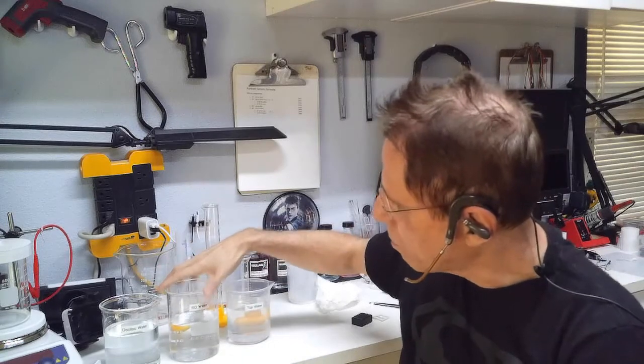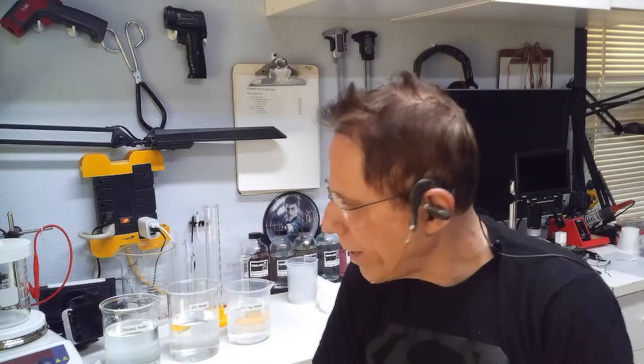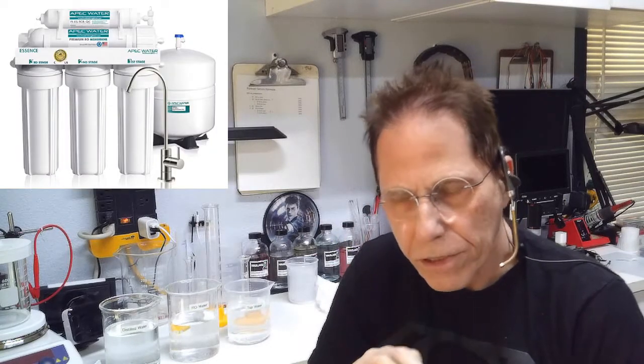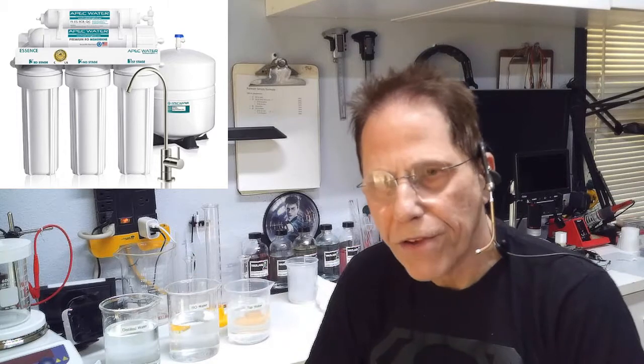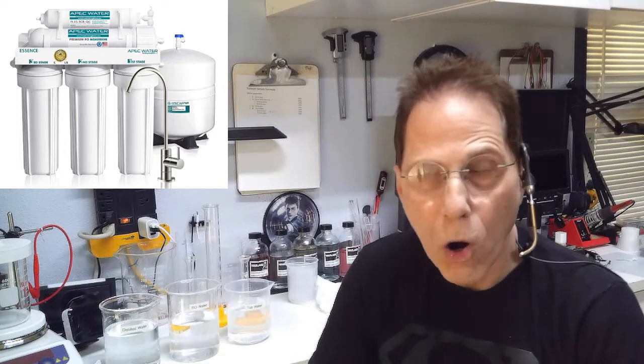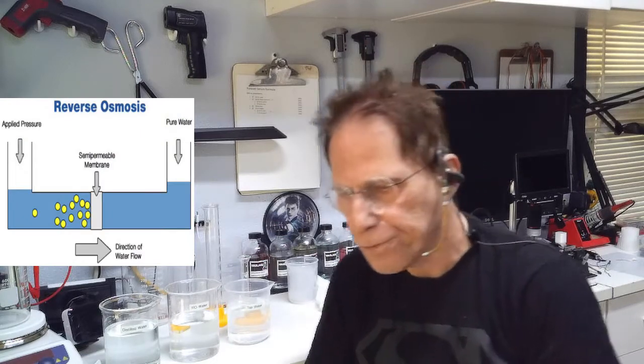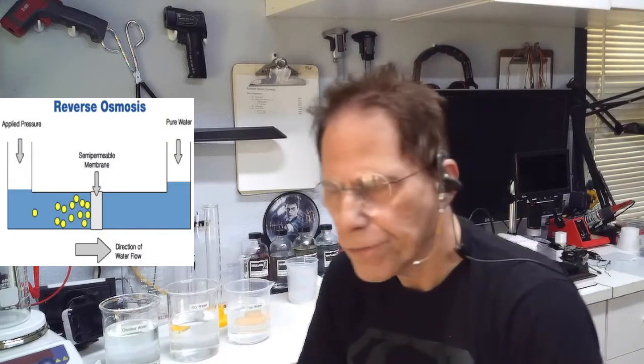RO water is a process that goes through filters. There's a carbon filter, there's a regular fiber filter, and then finally there is what they call the RO filter, which is a film filter, where they force, with pressure, only the purest of the water through this pressure filter.